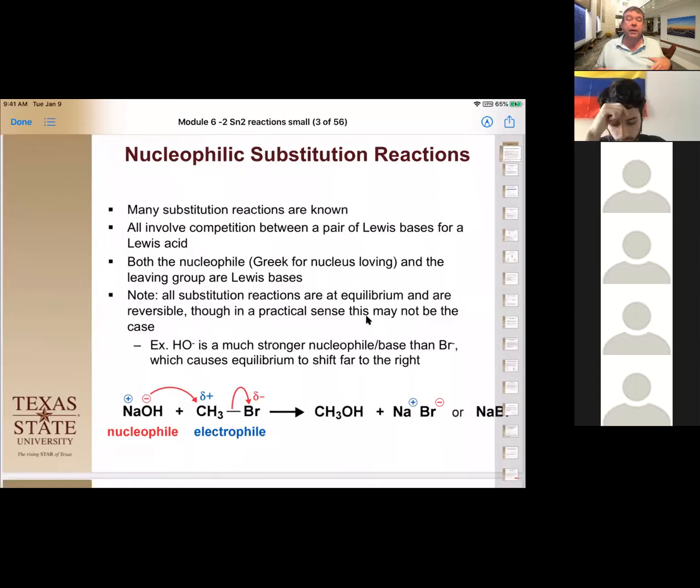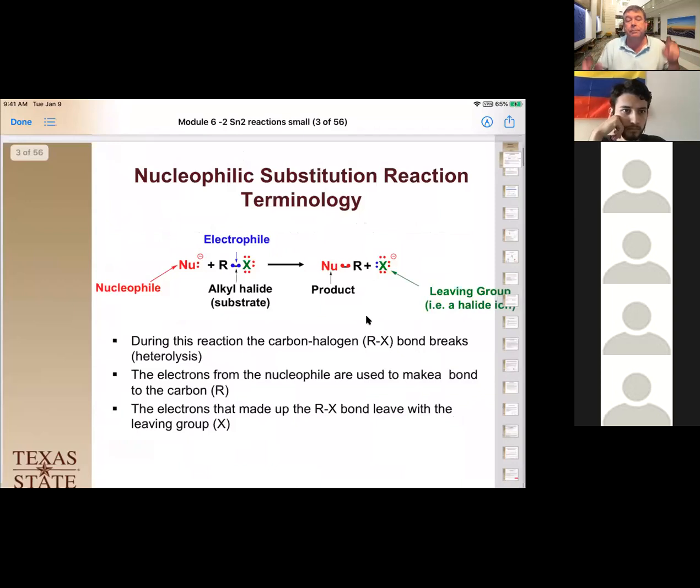Occasionally we do. When the base strength of the nucleophile and the leaving group are similar, the reaction won't go to completion, and we'll see that equilibrium in our system. So let's break down nucleophilic substitution with all its different components.